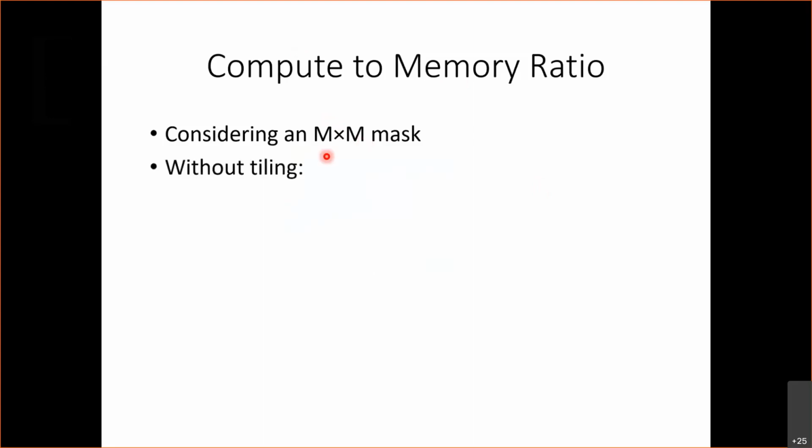Without tiling, if we have an M by M mask, for each thread, how many global memory loads does each thread perform? M squared. Right, every thread is going to load M squared elements from global memory.